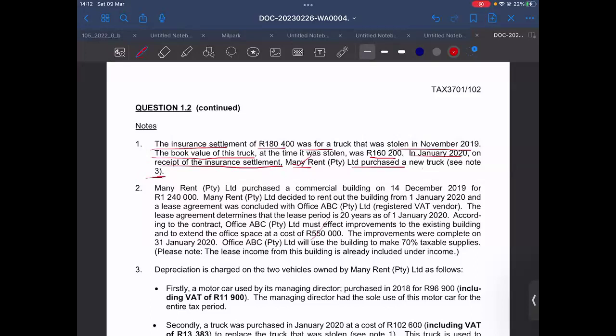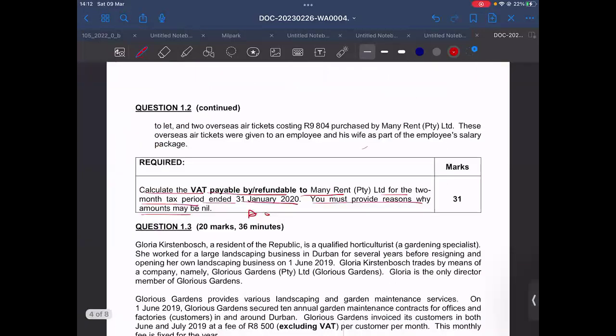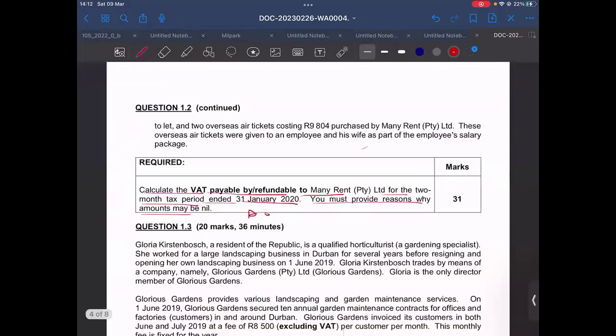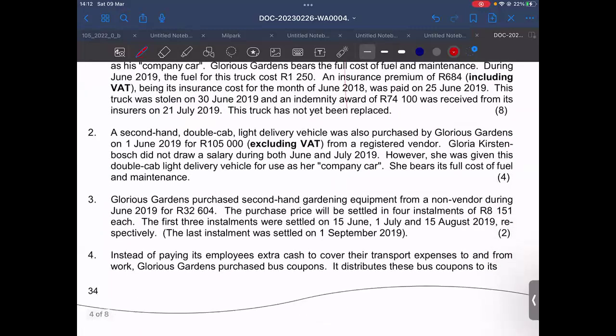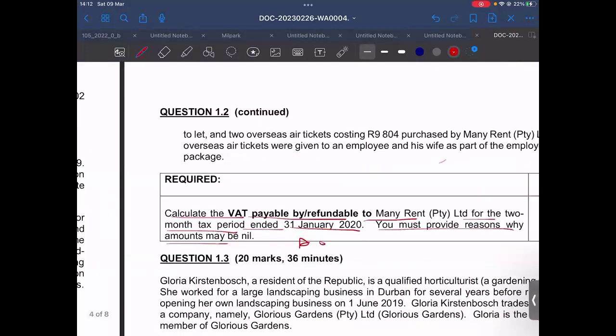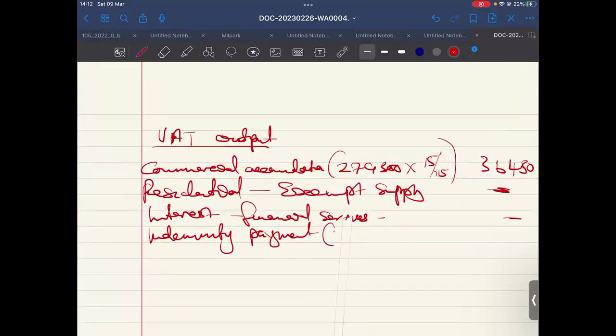So we're going to say our insurance payout or indemnity payout, how much? They said 184,000.